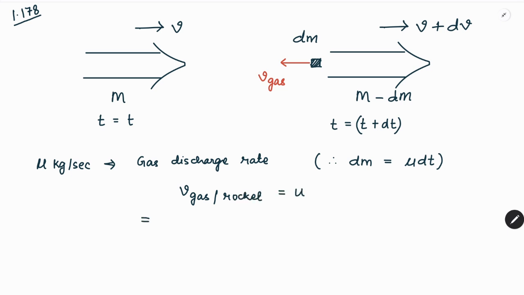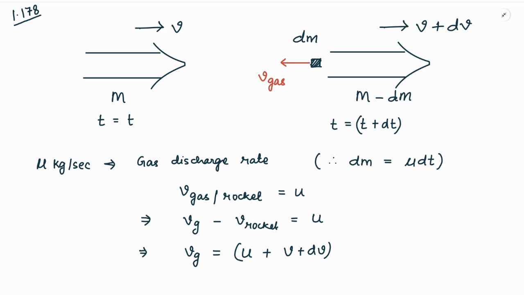So velocity of the gas minus velocity of the rocket is equal to u. Now since velocity of the rocket at time t plus dt is v plus dv, we can say that the velocity of the gas, v gas, is equal to u plus v rocket, and v rocket in this scenario is v plus dv. So we can write that v gas is equal to u plus v plus dv.